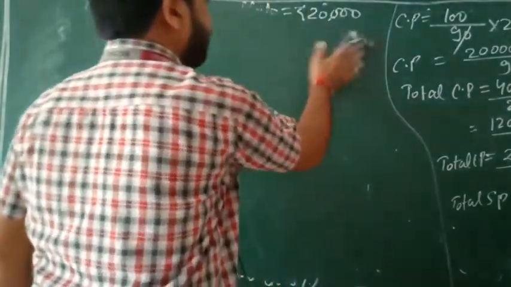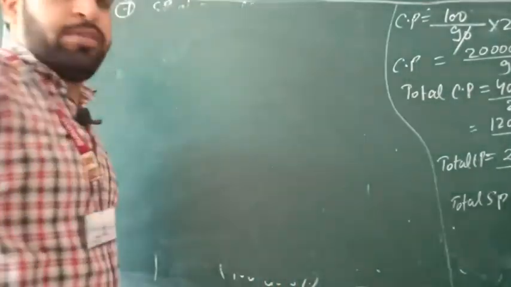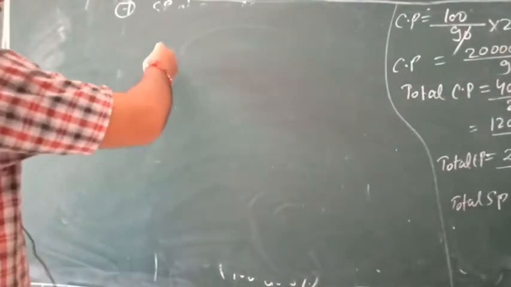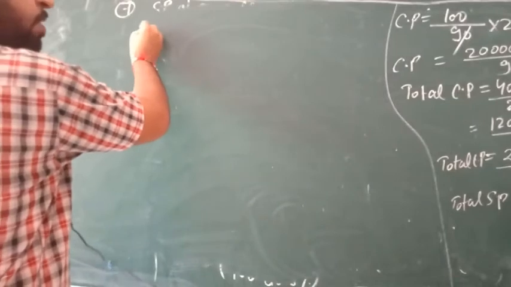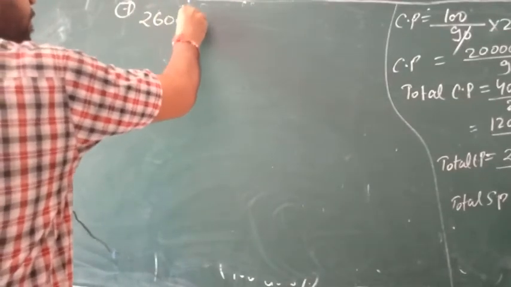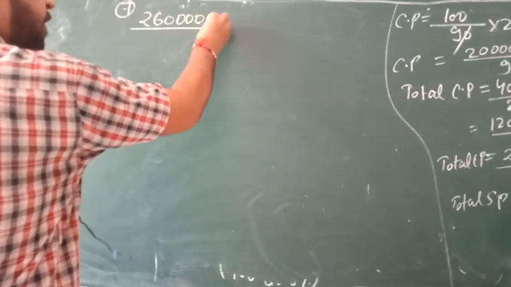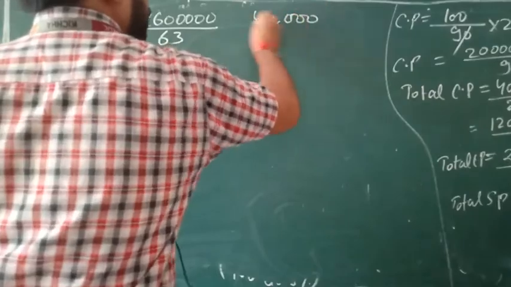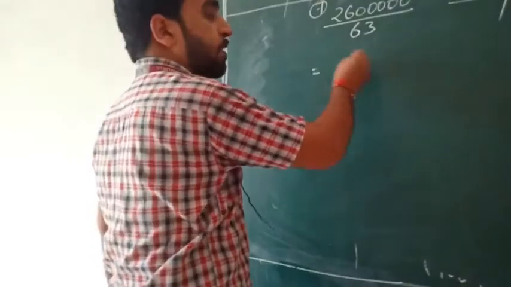Now let us solve it. So students, total CP is given to us, total SP is given to us. Let us take the LCM of both. So let me write both the numbers. 2, 6, 1, 2, 3, 4, 5 divided by 63. Another one is 40,000, so take it upon 1. Now take the LCM of both the numbers.